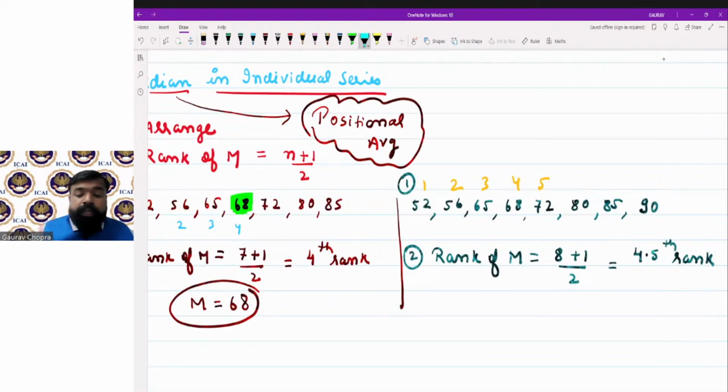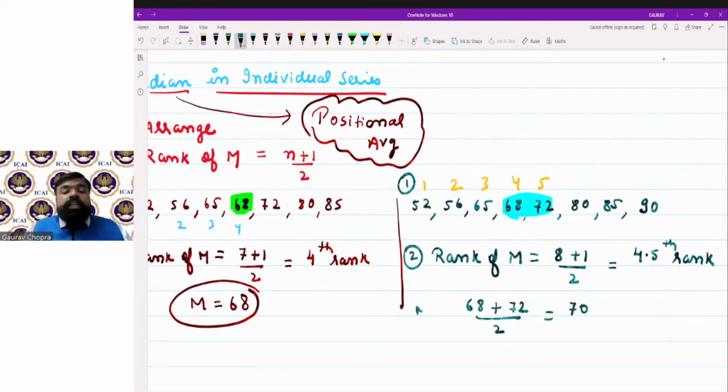So we have to select them, and we are getting 70. So this 70 is known as the median.